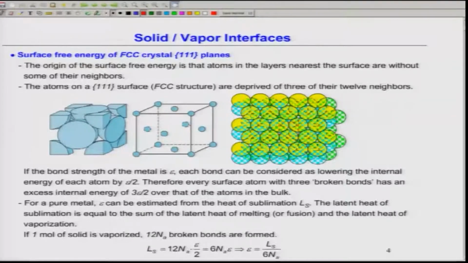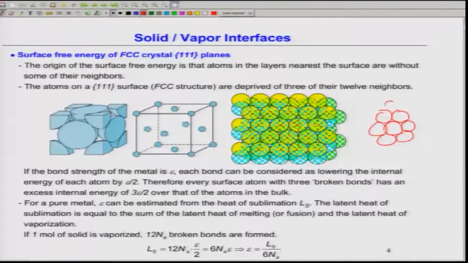We know that in the FCC structure all atoms are 12 coordinated. If you consider a surface of that and draw a simple one layer, one atom is surrounded by 6 atoms, correct.